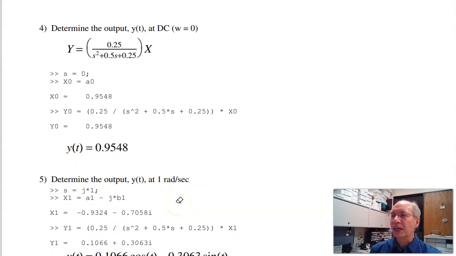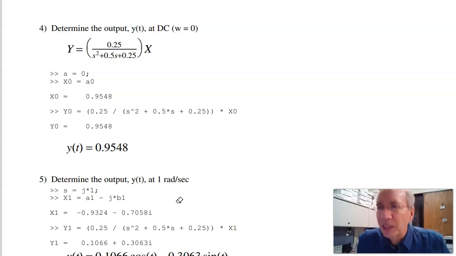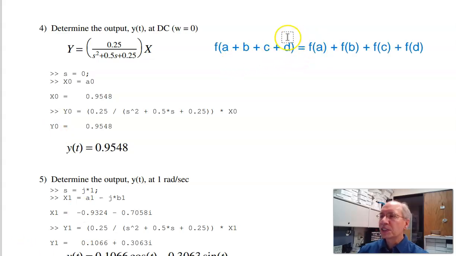The reason I did that is problem number 4. Suppose I've got x and y are related by a filter. X is not a sine wave, find y of t. Well, what I can do, again, is use superposition. What superposition says is that if I have a linear system, then f of a plus b plus c, I can split it up.